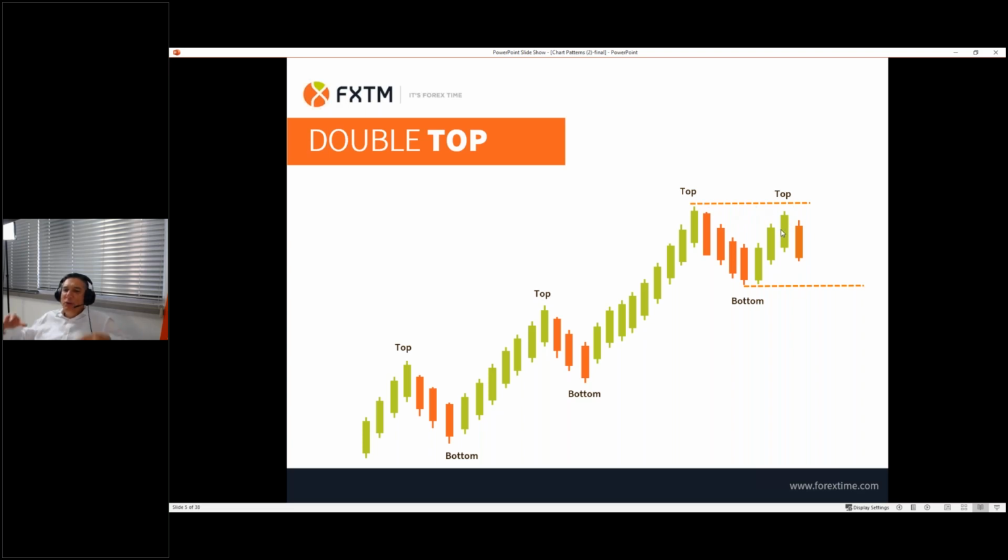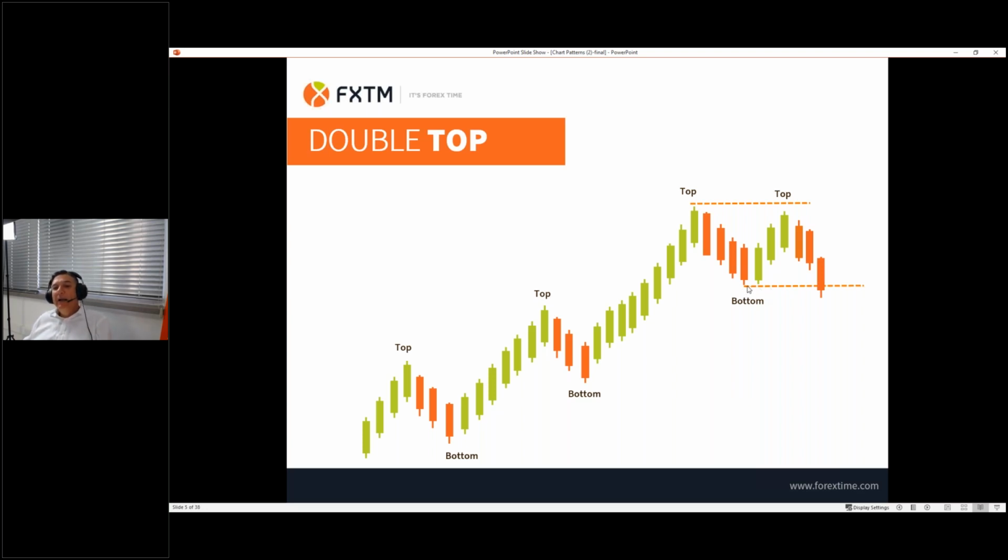about more or less at the same level. They don't have to be exactly the same, but as long as this second top is equal to the previous top or lower, not higher, then we have two tops. But we do not have a double top yet. A double top will be in place when prices fall below the bottom.